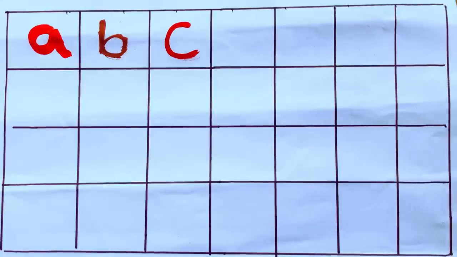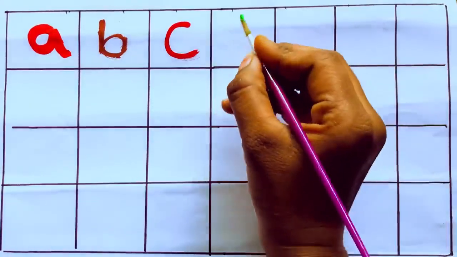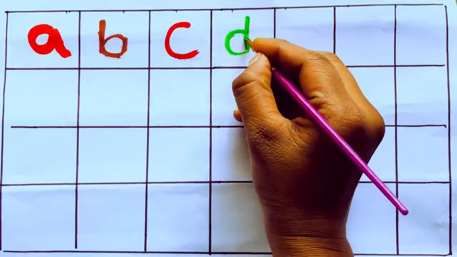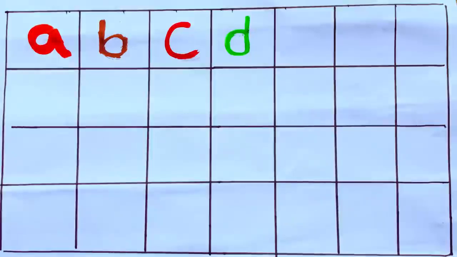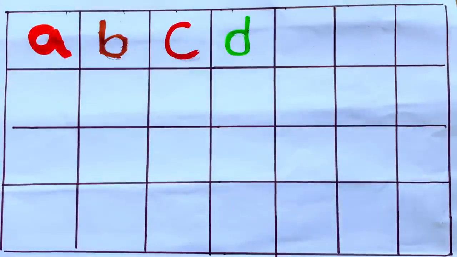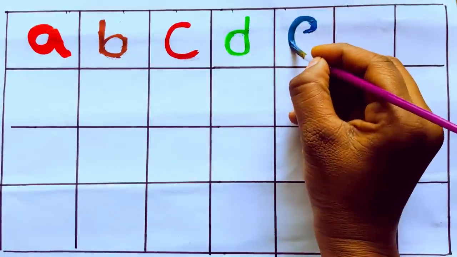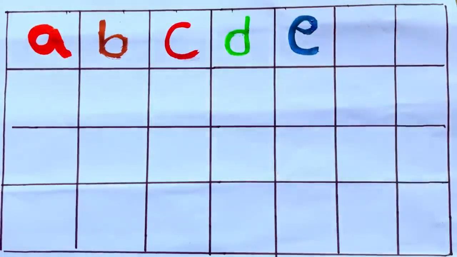Light green color, D for dog. Sky blue color, E for elephant.